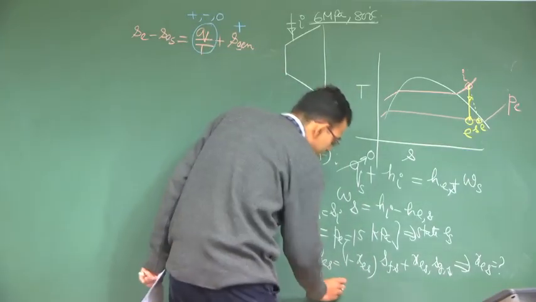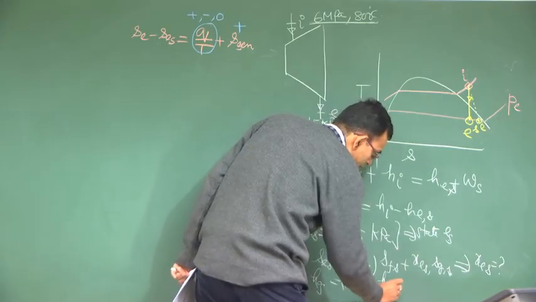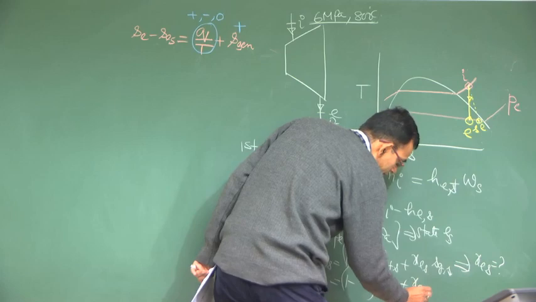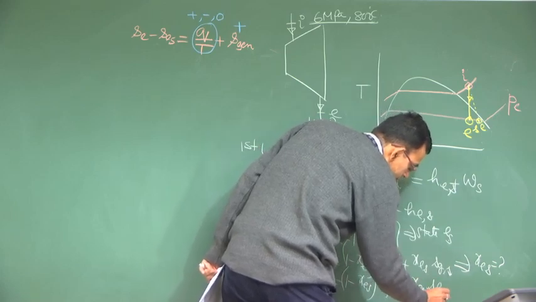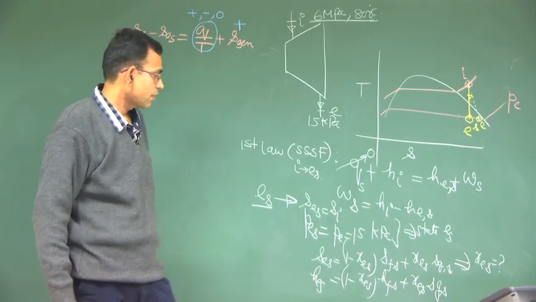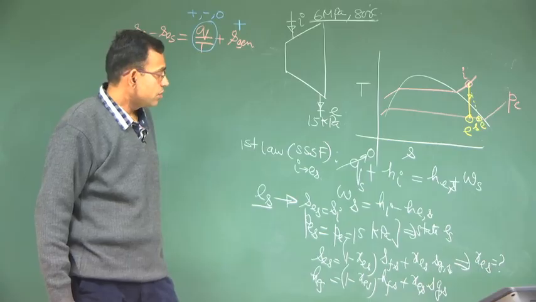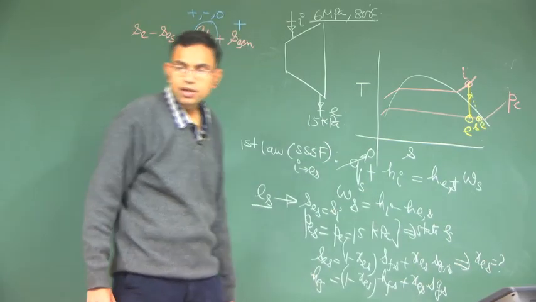So, HES is equal to (1 minus XES) into HFS plus XES into HGS. Okay. So, to summarize, by this calculation you know what is the reversible adiabatic work.